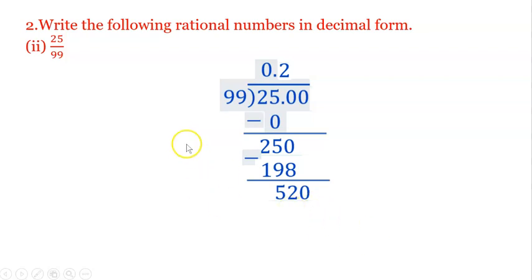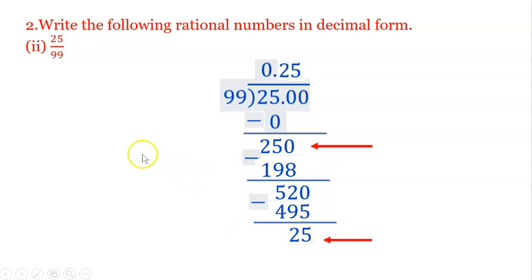Again one more 0, 520. 99 into 5 gives 495. Subtraction gives 25. Here the digits 25 are repeating. This is a recurring type, and we can write 25 upon 99 equals 0.25 with a bar.